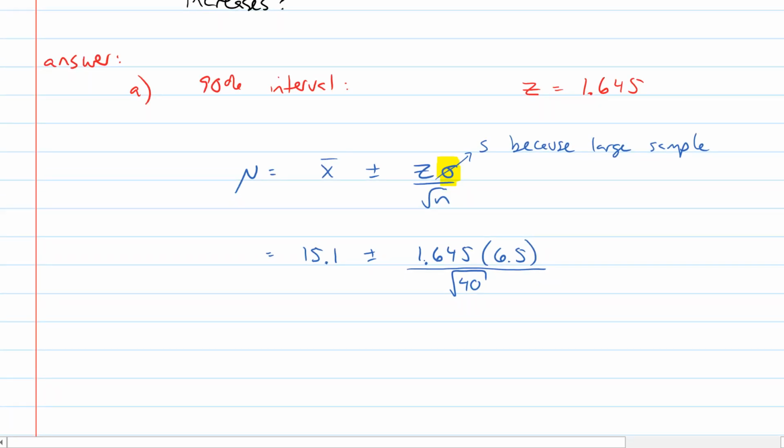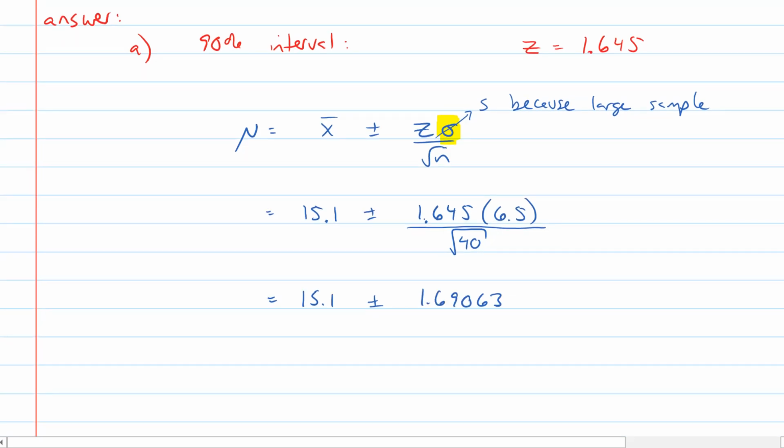So when I throw that into my calculator, I get 15.1 plus or minus 1.69063, which I hope that everyone agrees is a ridiculous number of sig figs, or decimal places if you prefer.